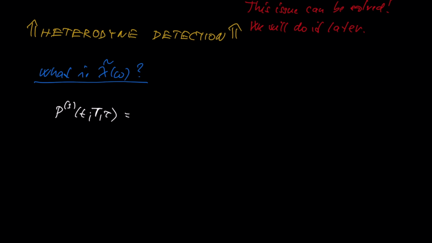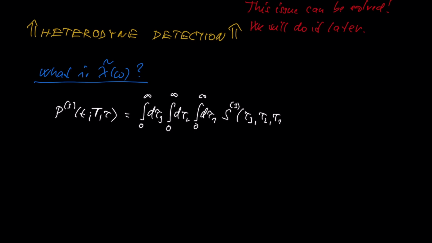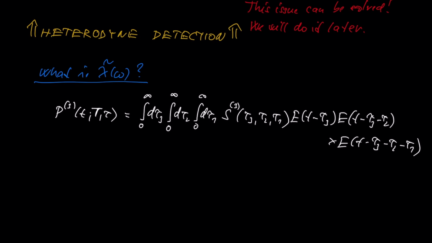And in principle we can write this always as this triple integral over delays that actually happen between different interactions of the system with the field, some third order response function, and here the fields E(t minus tau 3), E(t minus tau 3 minus tau 2), and E(t minus tau 3 minus tau 2 minus tau 1).